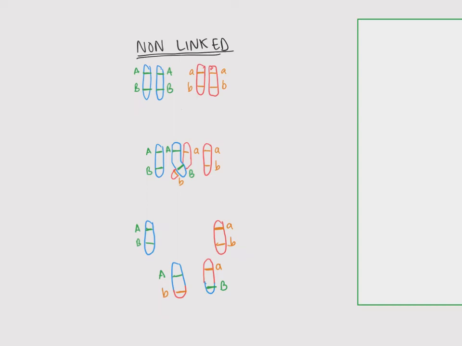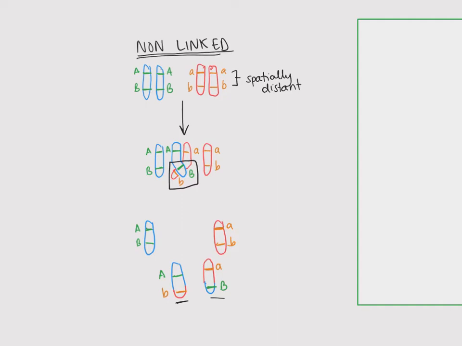Okay. Now, if we start thinking about this idea conceptually, looking at the diagram, we can see that with non-linked genes, so there's quite a far spatial distance, or we say spatially distant, these two genes, A and B, are likely to be separated by crossing over. So you can see here there's the point of crossing over, and all of the genes below that point appear to have been crossed successfully.